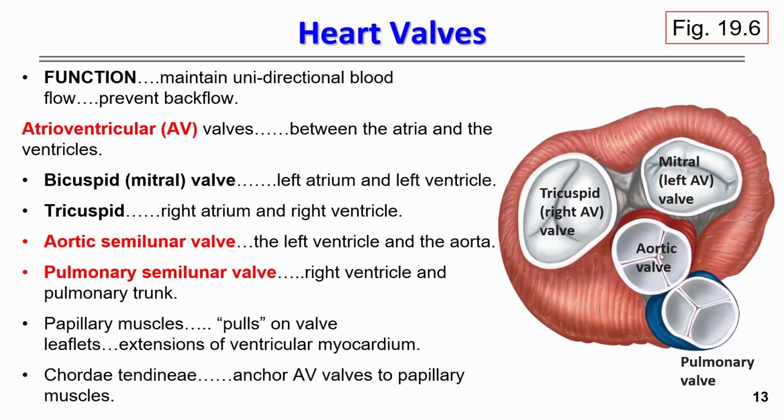So the aorta is the major vessel leaving the left ventricle, and once again, blood leaving the left ventricle is oxygenated blood, and that goes out to serve the heart and the rest of the body.